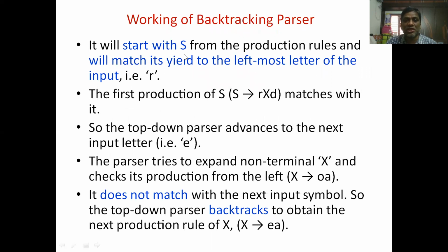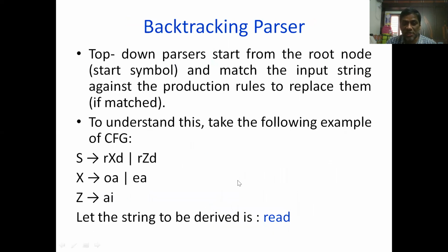It begins with the first symbol, that is S, and tries to substitute the productions of S by comparing with the first letter of the string that we want to generate. The first letter is R. We call this the lookahead. Any production of S whose first symbol is R will be considered.